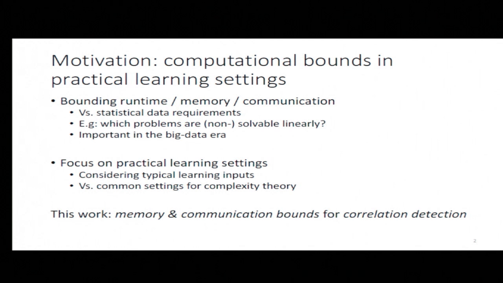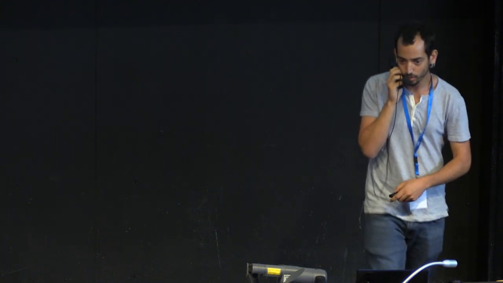And this is really important when there's a lot of data, to have efficient algorithms. Additionally, we will focus on practical machine learning settings as opposed to settings which are very important for the complexity community. And in this talk, we will talk about lower bounds on memory and communication for correlation detection.